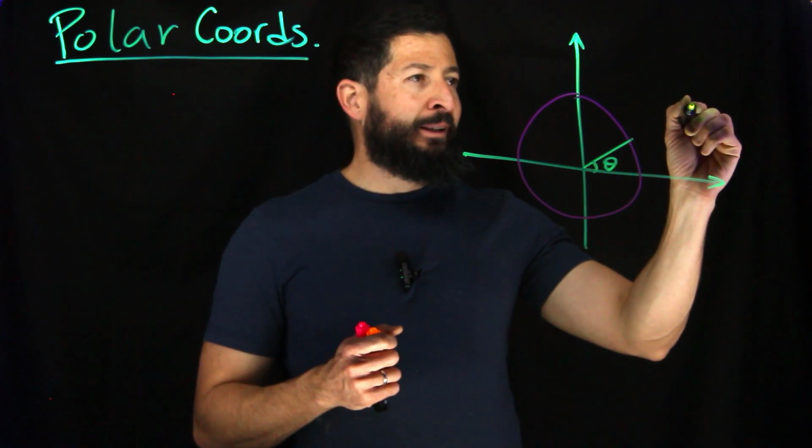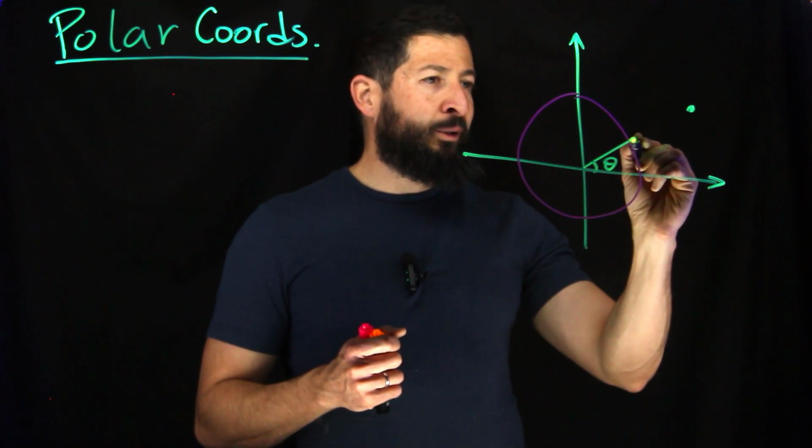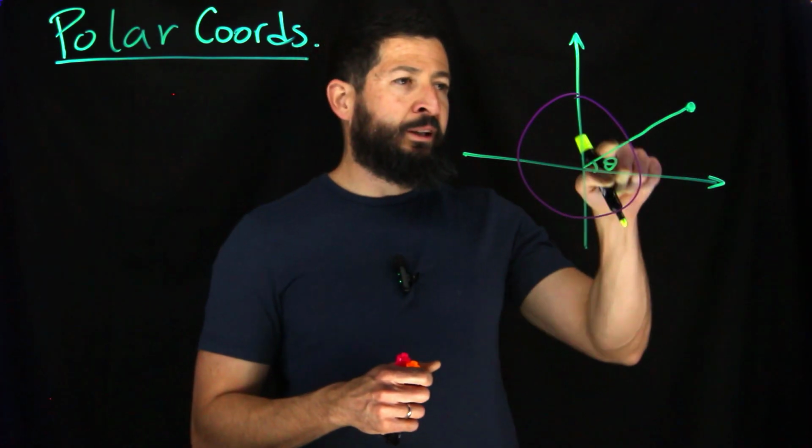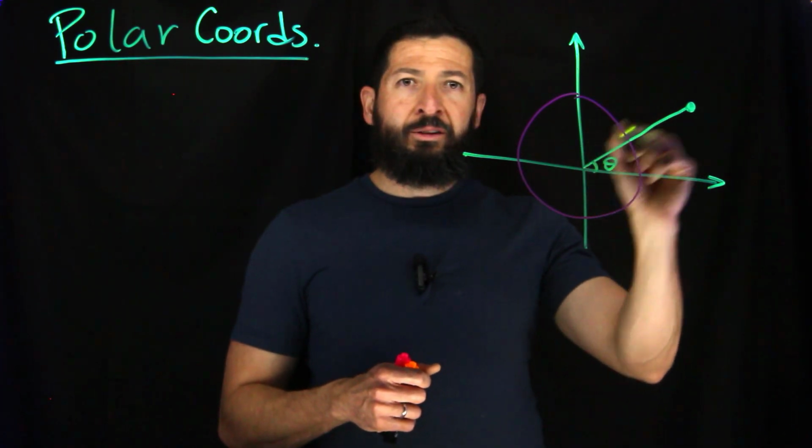So if you have a point in the plane, you can always associate that point with the angle that it corresponds to and with a radius.